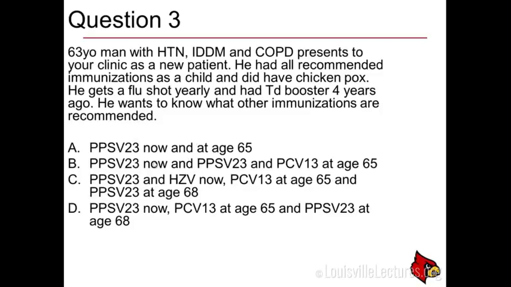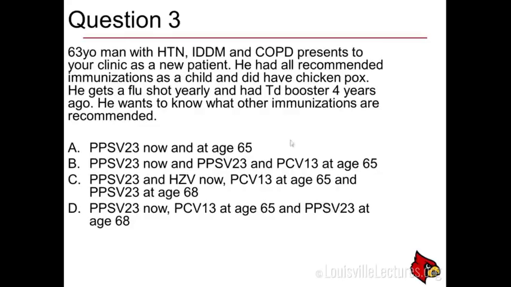Pneumovax now, and then Pneumovax again with the Prevnar at age 65. Pneumovax and Zoster now with Prevnar at age 65 and Pneumovax at 68. You'll get a question like this. It's really confusing to read through all these. Pneumovax now, Prevnar at 65, and then Pneumovax again at 68.